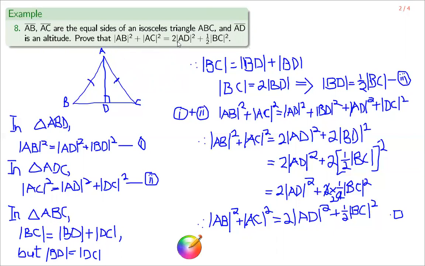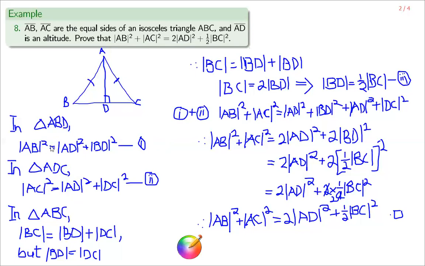Don't forget what we are asked to prove. I want to prove that AB squared plus AC squared equals 2AD squared plus half BC squared. Now, if you look at equations 1, 2, and 3, you would agree with me that we are approaching the solution. So, next step is to add equations 1 and 2. That is, I'm adding the left-hand side together and adding the right-hand side together.